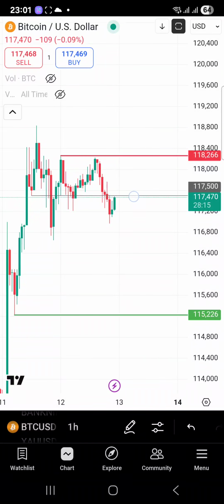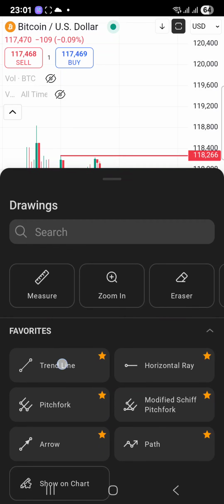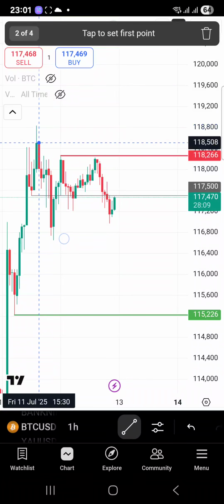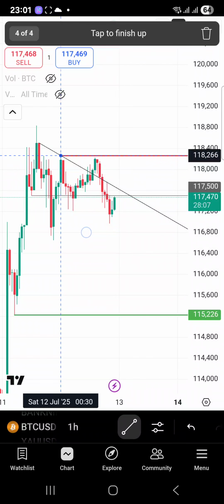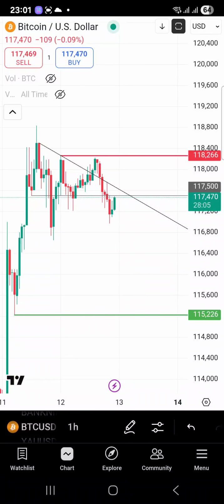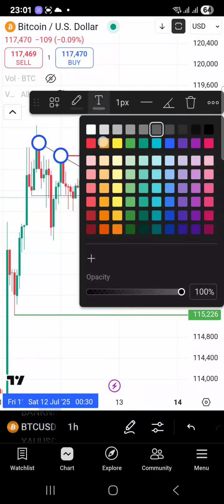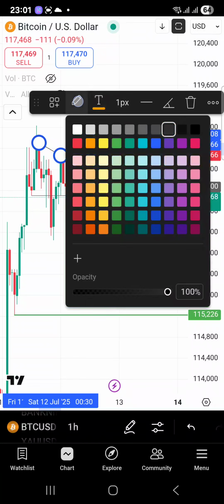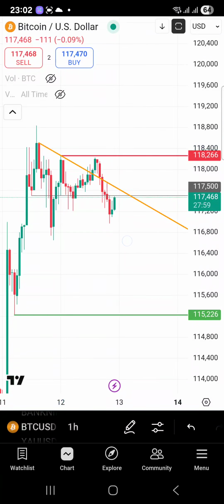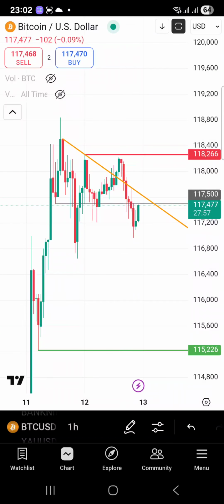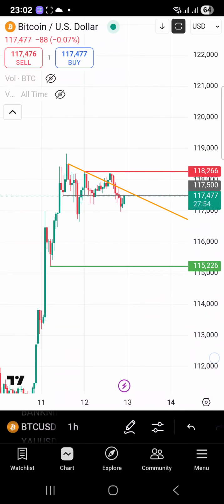And the entry is, as I have been mentioning, this could be our entry point. I'm marking that in yellow color. So this is about our trade, guys. Let us see how this price unfolds further.